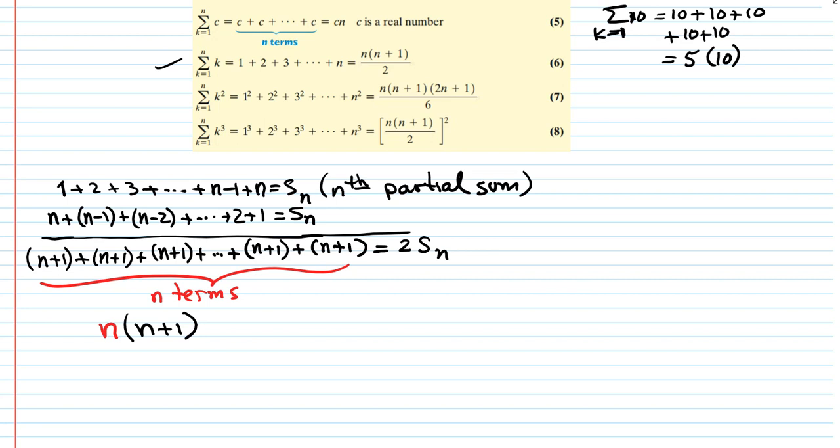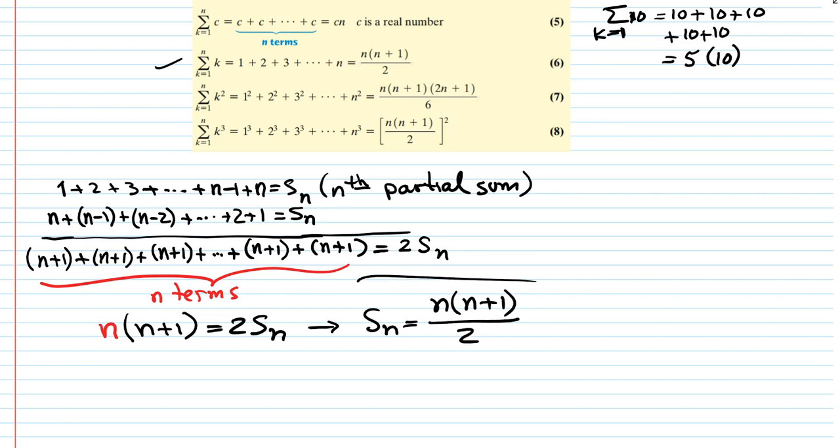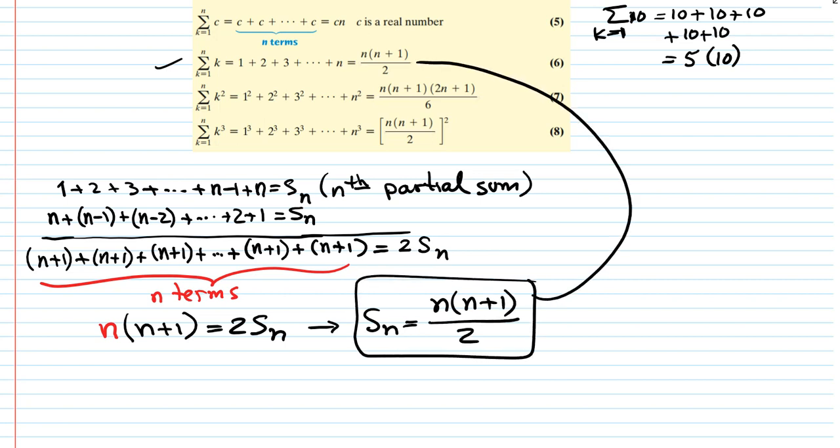So that's n times n plus 1 that equals 2 s sub n, correct? And there it is, 2 s sub n. Now I can solve for s sub n, divide both sides by 2. I get n times n plus 1 divided by 2. And there we go. That is the formula that you see up here. That's one way to do it.